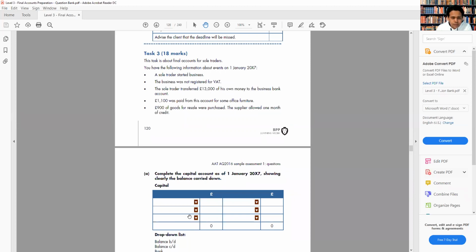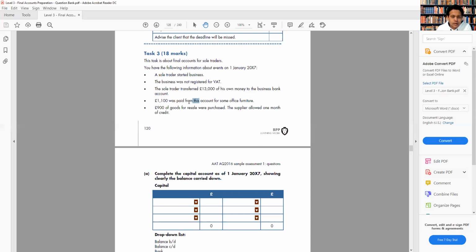Then the next one says 1100 was paid from this account for some office furniture. Remember, this is not the capital. The question is tricky because the question said from this account. From this account means business bank account.